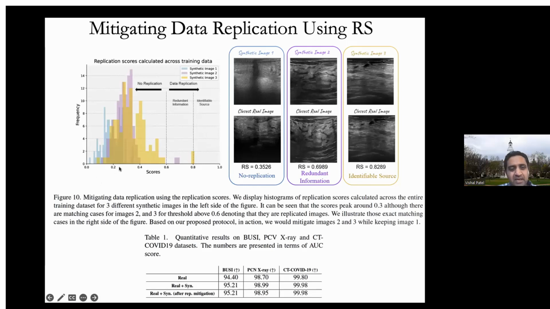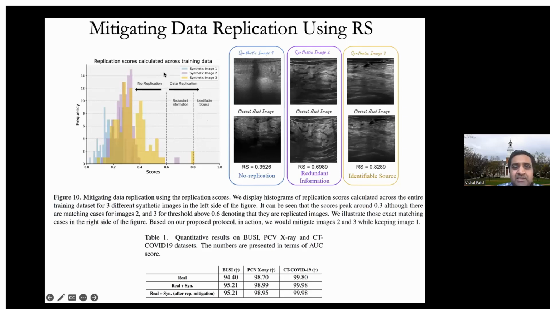And here's a plot that shows a distribution. This is where most of the images are centered, and these are the novel samples. There is a region where the replication happens, and there is a significant region beyond, let's say, 0.75 to 1, where it's exact replication.